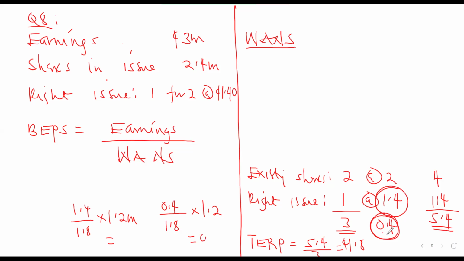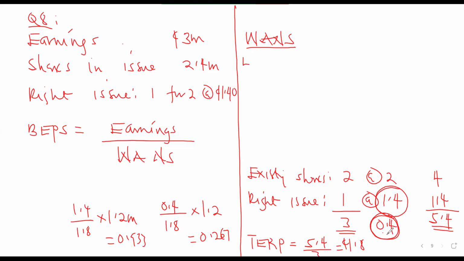I'm getting 0.267. Okay, 0.267 here. And what are you getting over here? 0.933. Okay, just keep these figures.